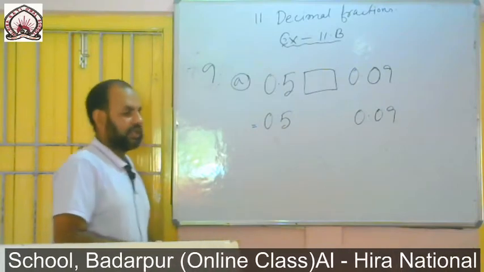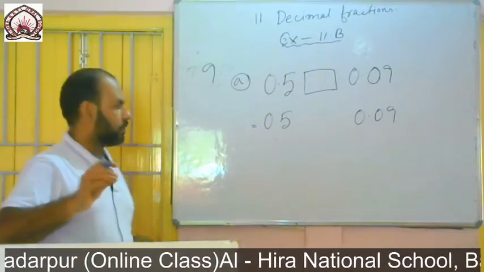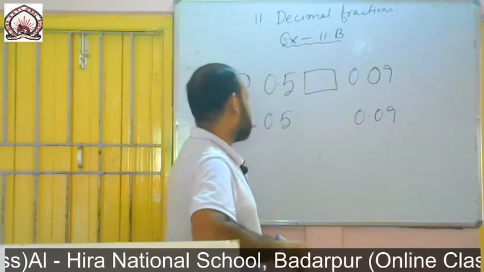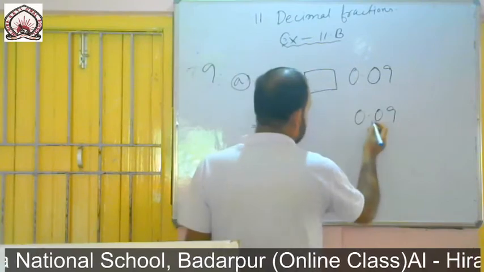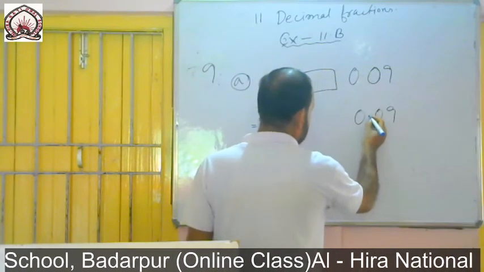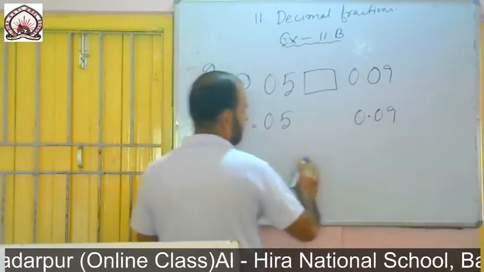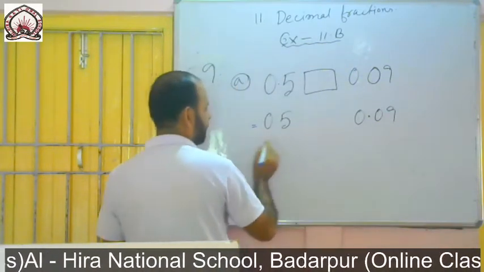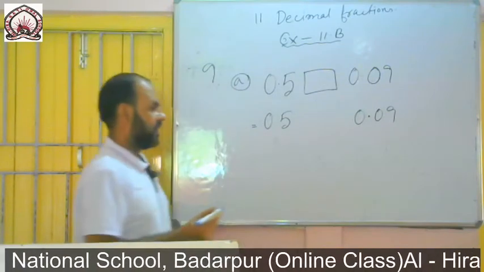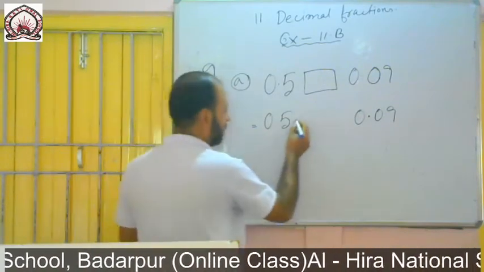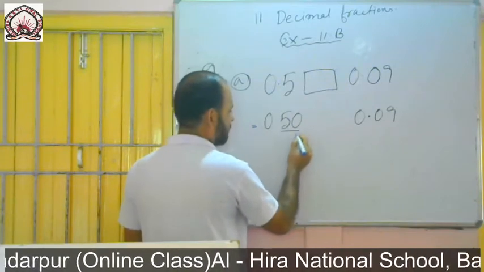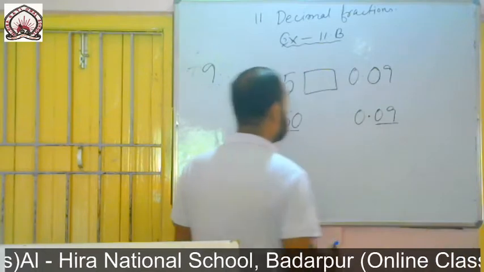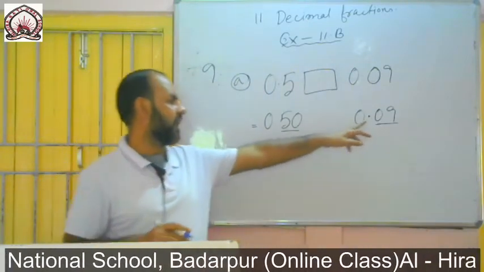We know that when both decimal fractions have the same number of digits after the point, they are like fractions. If we add a 0 there, then we get 0.50, also 2 digits. That means these two fractions are now like fractions.